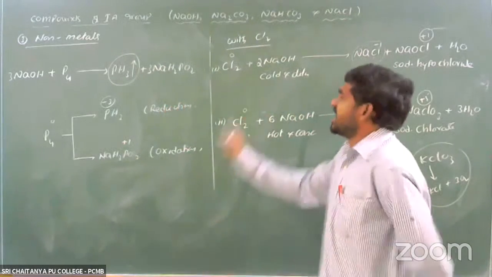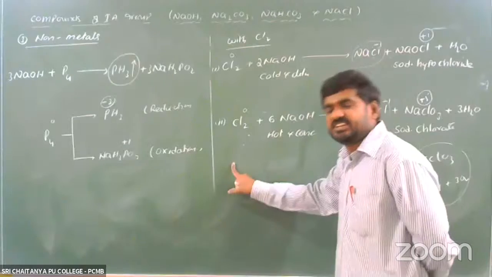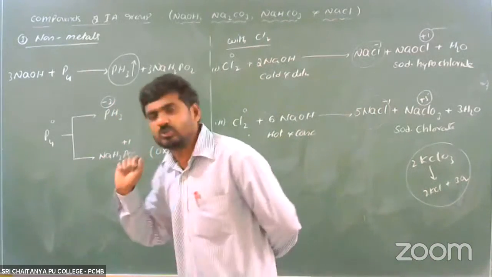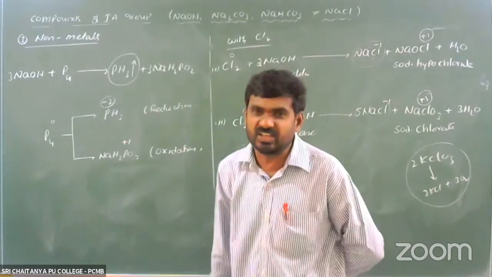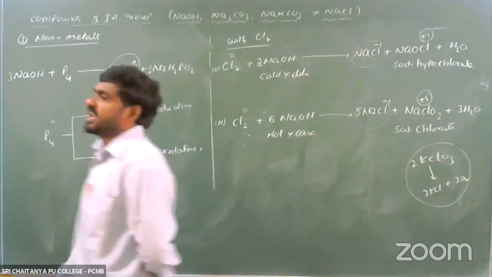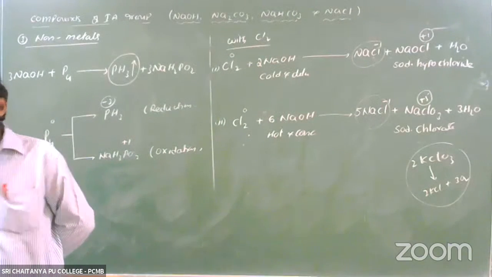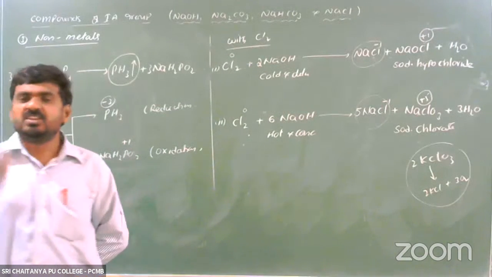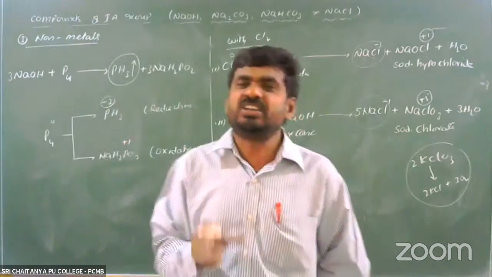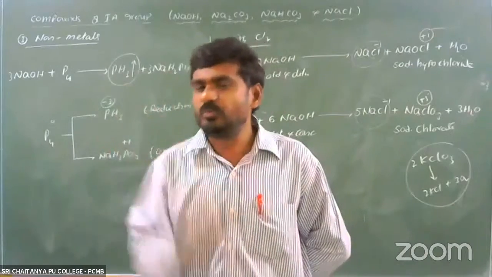So chlorine reacts with sodium hydroxide is disproportionation. Phosphorus reacts with sodium hydroxide is disproportionation, but fluorine reacts with sodium hydroxide is not a disproportionation reaction. When fluorine reacts with cold and dilute NaOH or KOH, the gas liberated is OF2.